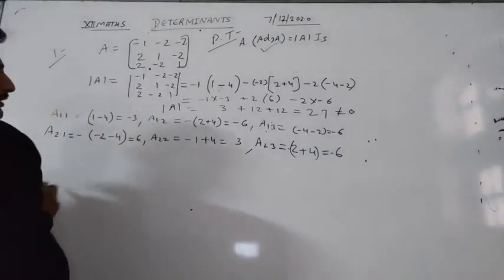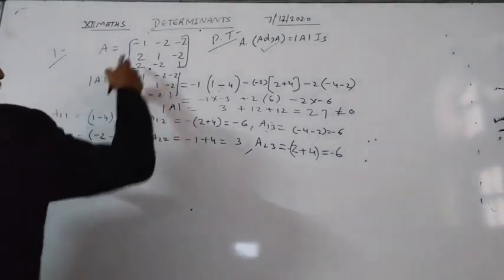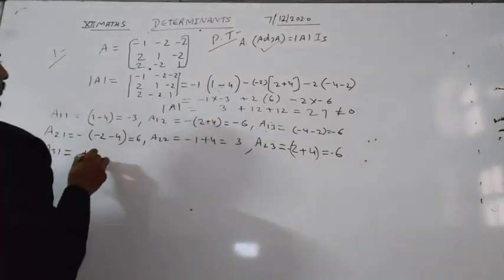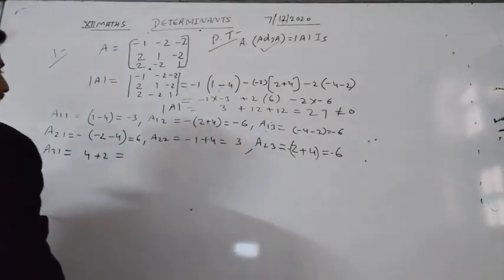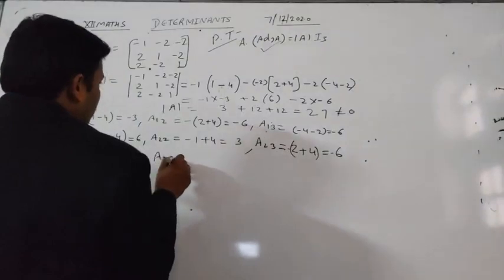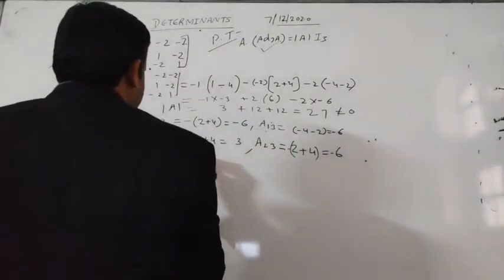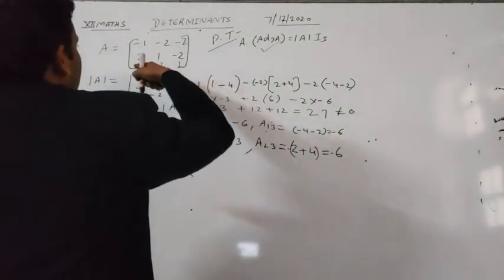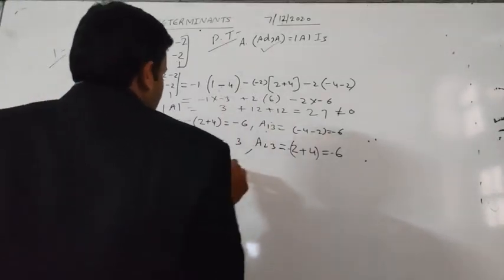Now our A31 will be what? This is cancelled. So 4 plus 2, which is 6. A32 is, this is cancelled, 2, this cancelled 2, minus plus 4, which is minus 6.